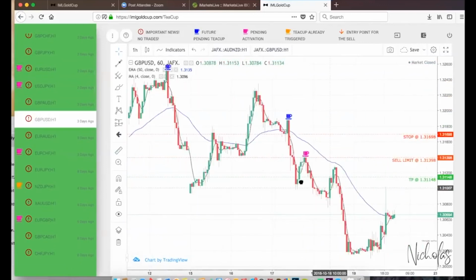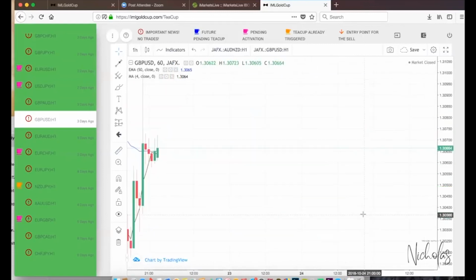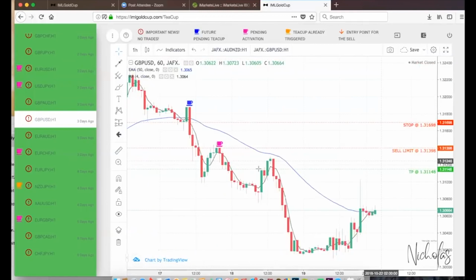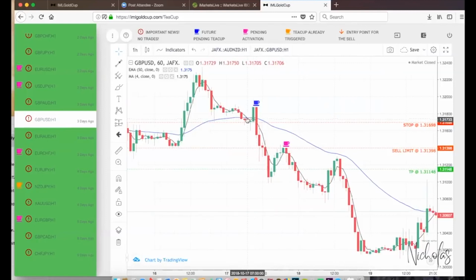Here we go. So this one hasn't crossed yet. But if I were looking here and I clicked here and I saw that it crossed, I want to make sure that wherever I'm at, it hasn't exceeded 20 pips, because the issue is that it'll turn around fast on you.